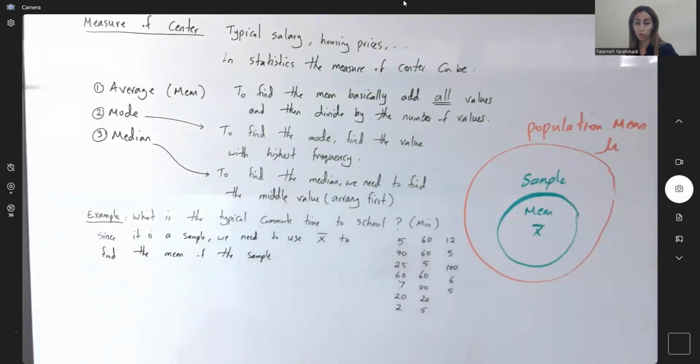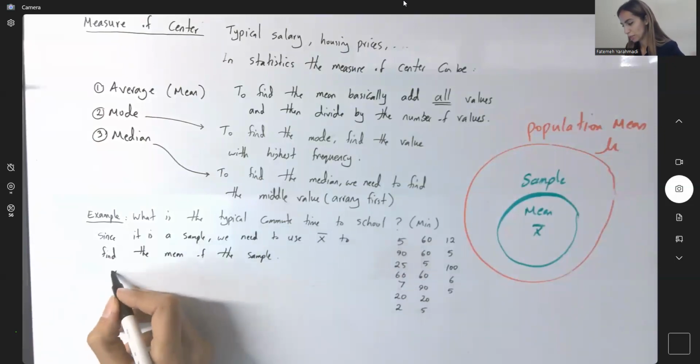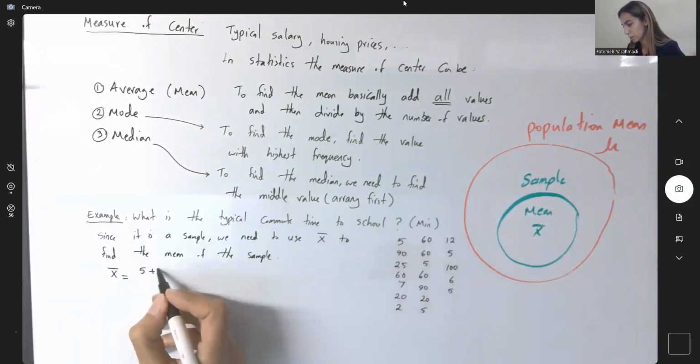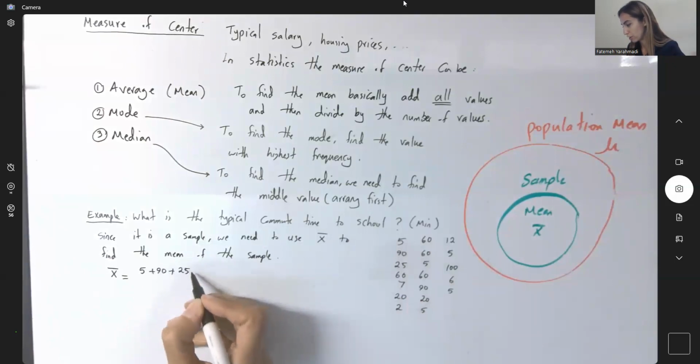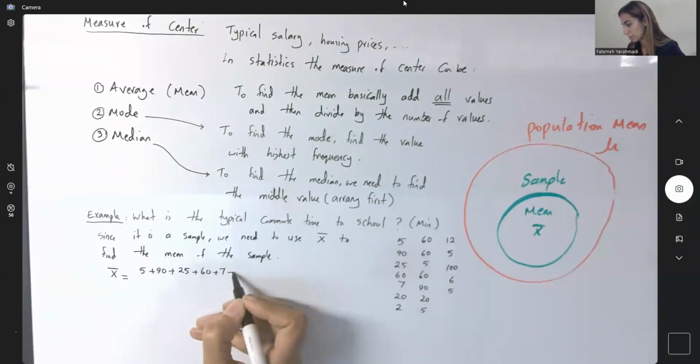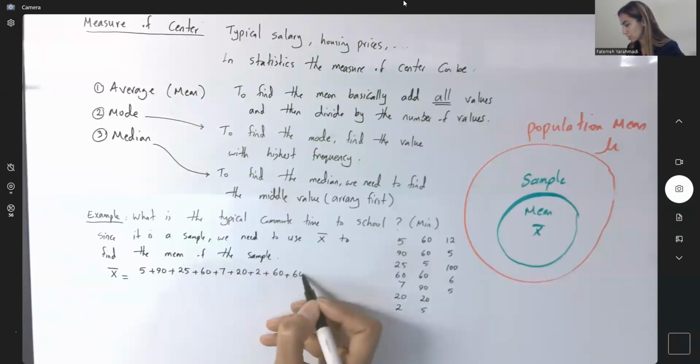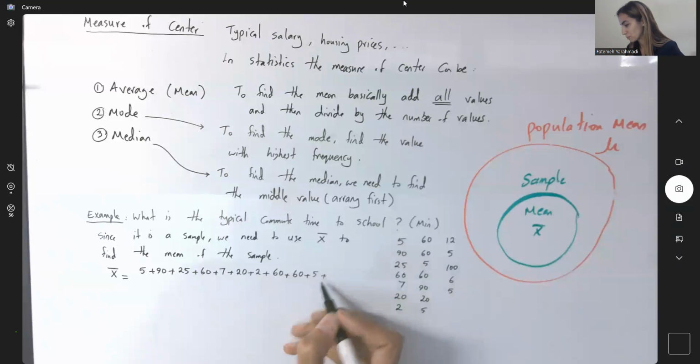Very good. So what are we going to do? We're going to write down x bar is equal to, we're going to add all of these numbers together. 5 plus 90 plus 25 plus 60 plus 7 plus 20 plus 2 plus 60 plus 60 plus 5 plus 60.